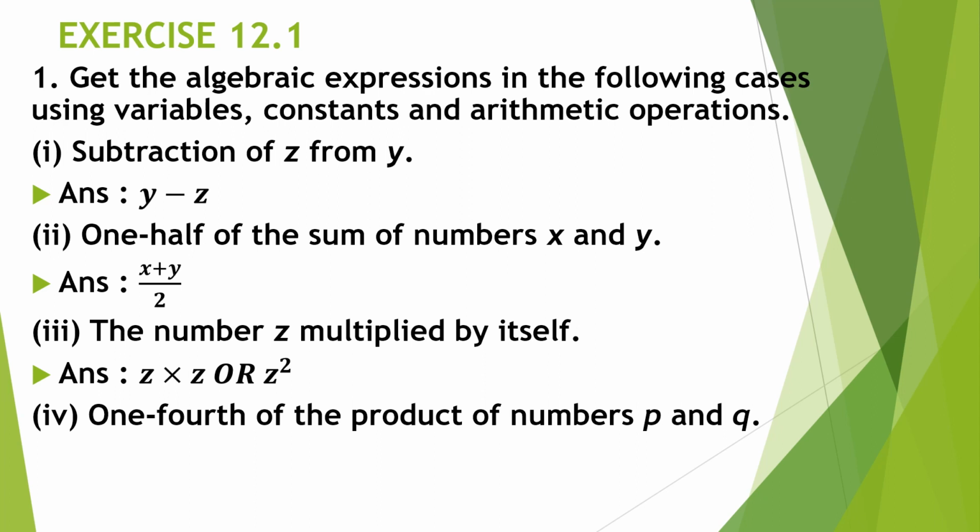Next, 1/4 of the product of numbers p and q. So first we can find the product of numbers p and q. What will be that one? Yes, pq. 1/4 of the product means what will come? 1 by 4 into pq, or we can write pq upon 4.